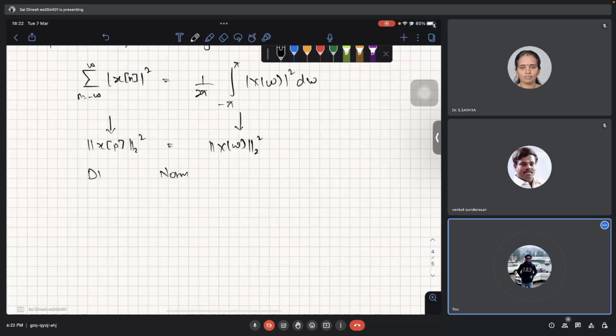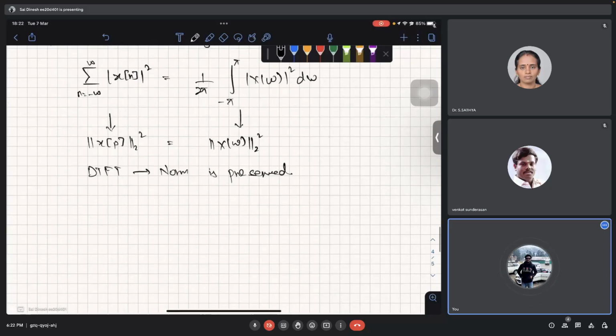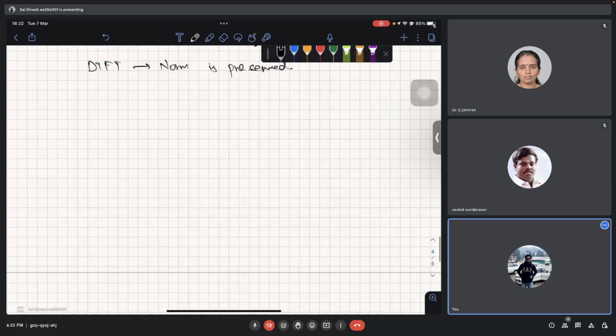The DTFT preserves the norm. It's a unitary transformation basically.